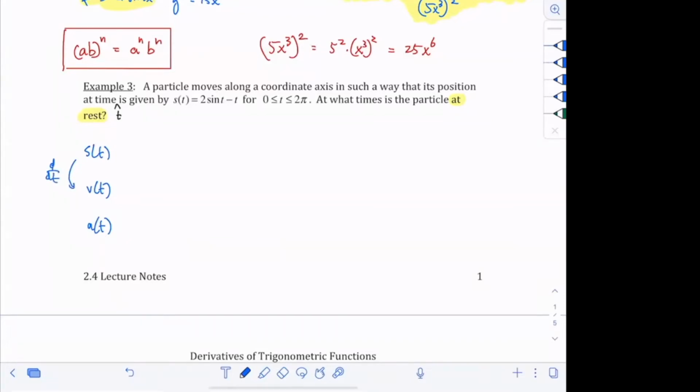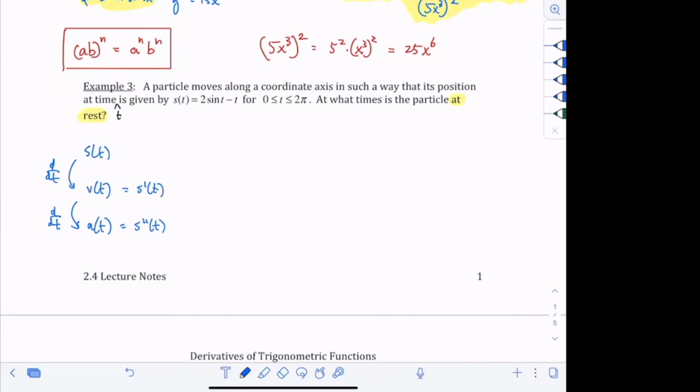If you differentiate the position with respect to t, you get the velocity. If you differentiate the velocity with respect to t, you get the acceleration. I'm writing it with the differentiation operator on the left, but you could have also said v of t is s prime of t, and a of t is s double prime of t. Does that make sense to everybody?